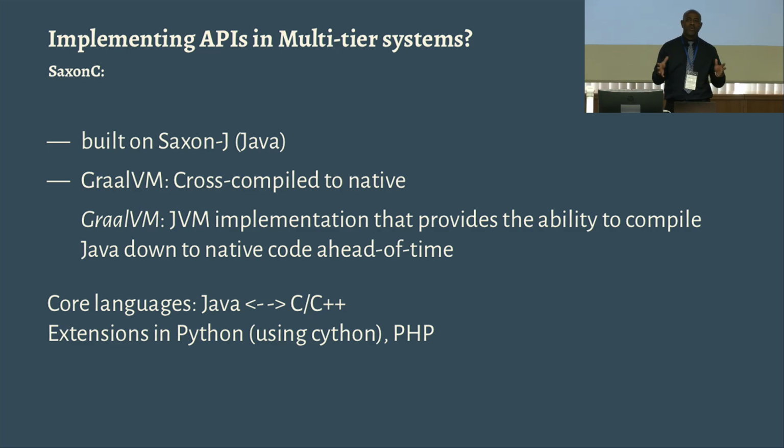It comes packed with everything that you would need to execute the application. But also you can use it as a library to connect to other languages like C++. So the core languages are Java, C++, back and forth. And we provide extensions to Python using Cython and PHP as well.